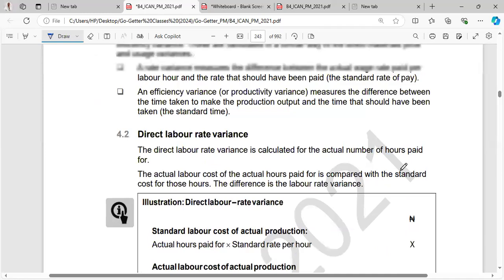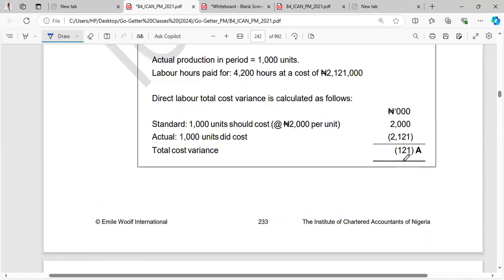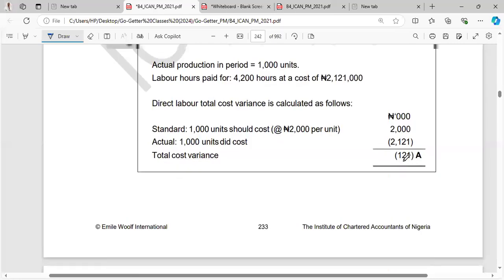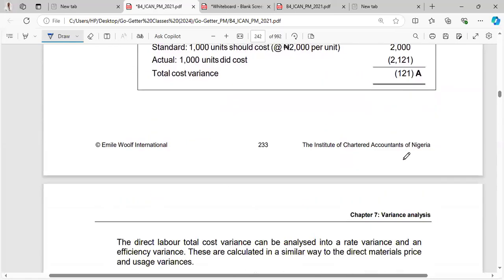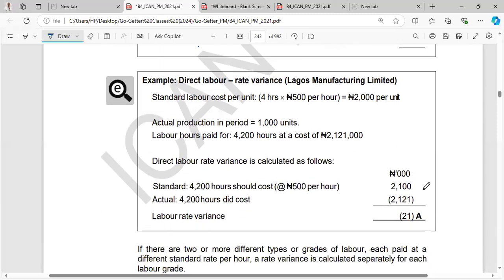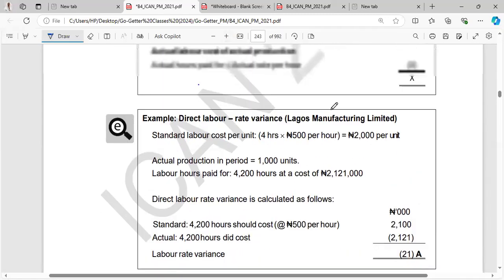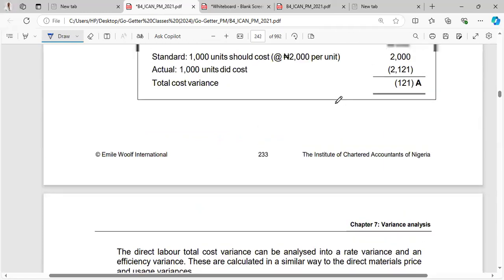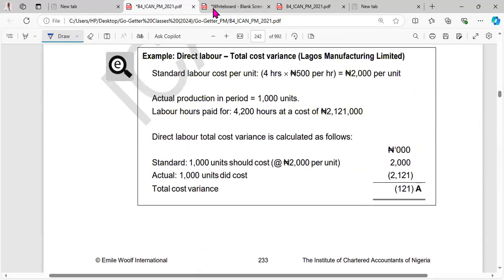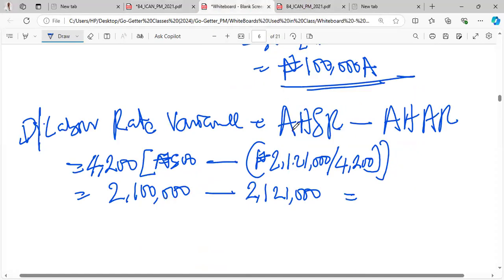Okay, this is total cost. Direct labor cost is 121. Rate variance is what I was trying to do here. Oh, that means there's something we missed out when we were doing the beginning calculation. I will correct it.